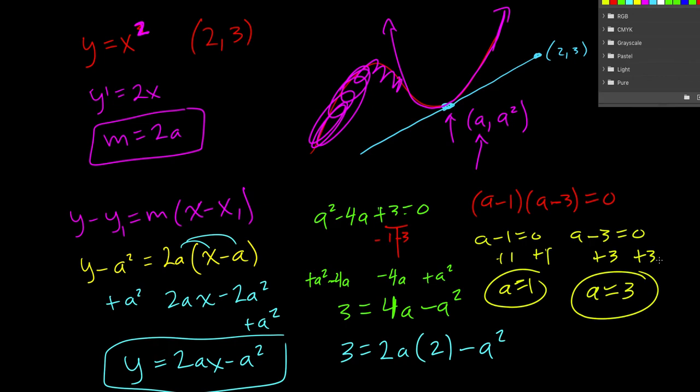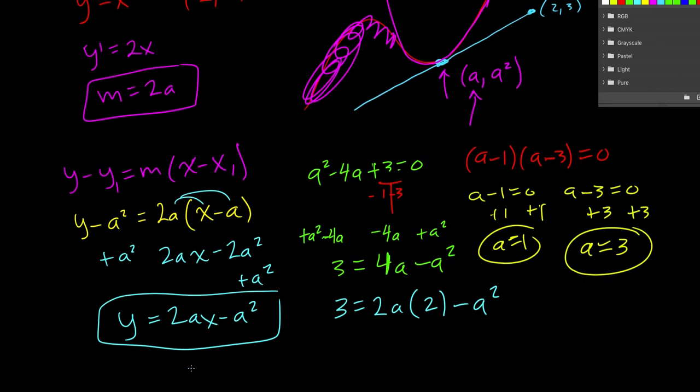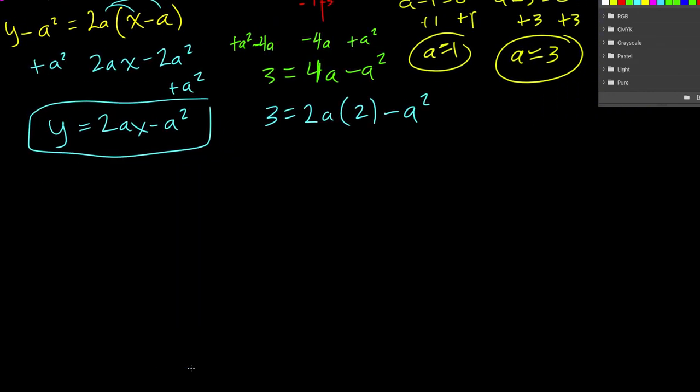Okay. So we have two tangents that pass through this point, and so we need to address both of them. And so what we can do now, we use the blue equation down there, and we can plug in these a values.